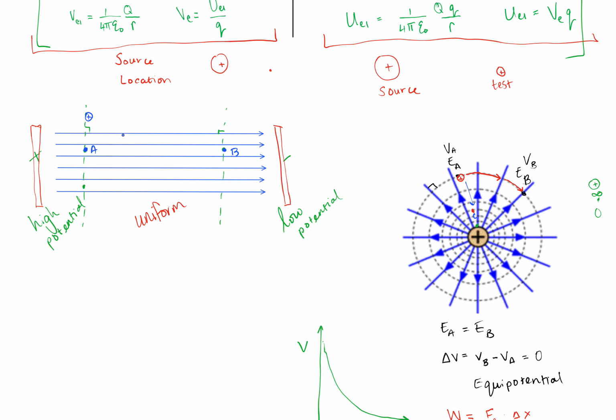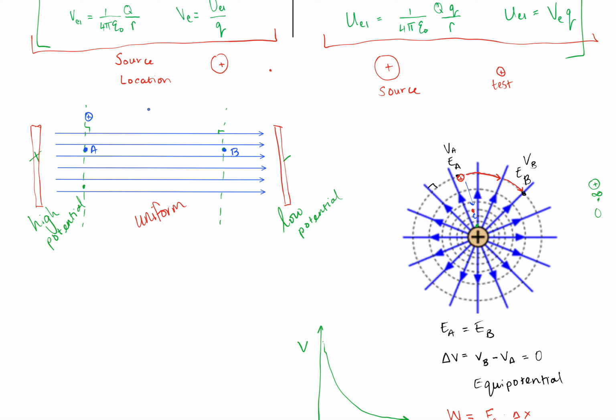We could also say that this object would increase its kinetic energy as it moved this way. All of the old energy and work theorems apply here. Another thing that we could say is if I was trying to move the same positive charge from B to point A, that would require external work.